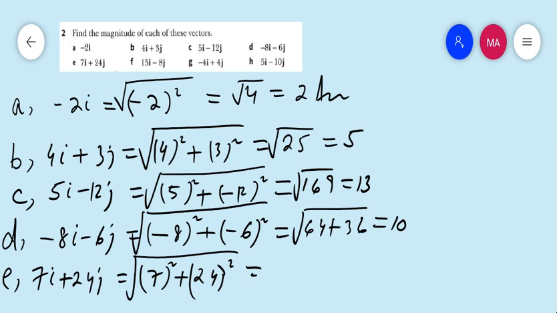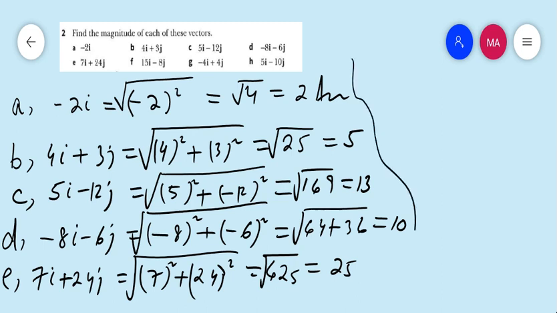What is the answer? 7 squared plus 24 squared is 625, and the square root of 625 is 25. This is the answer of part E.